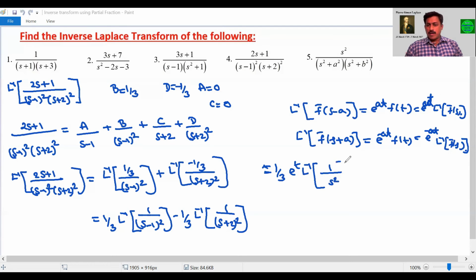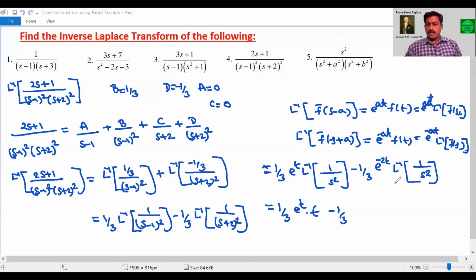We will make it an s form, where s minus a is there, you put simply s. You get s square. Similarly, here minus 1/3 into e power minus at, a value is 2, so e power minus 2t into L inverse of 1 divided by, here also where s plus a is there, simply put s. So we get s square. Therefore 1/3 into e power t. We know that L inverse of 1 by s square is t.